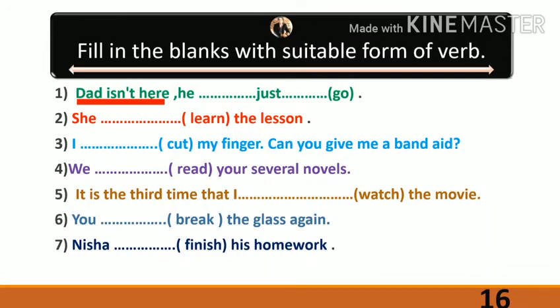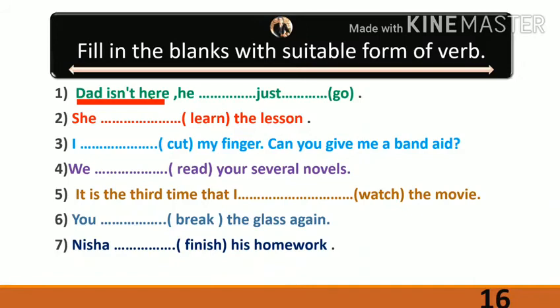In one sentence there may be one sense, whether present, past, or future. So "Dad isn't here, he has just gone out." We are talking about present tense, which is totally connected with the past.